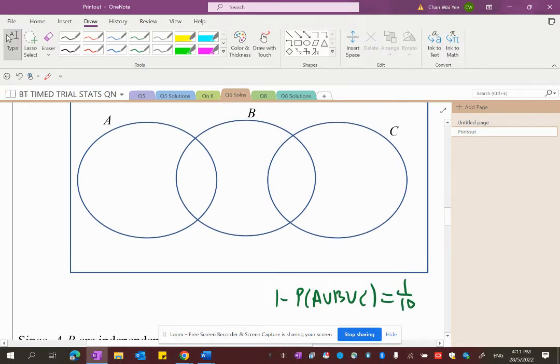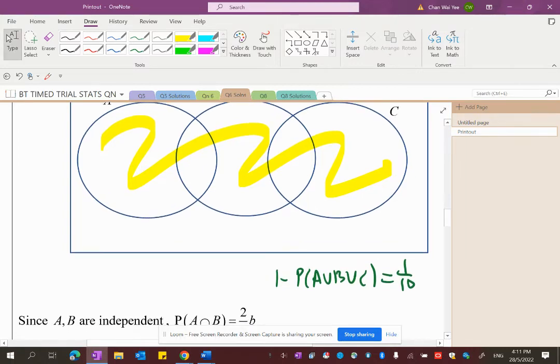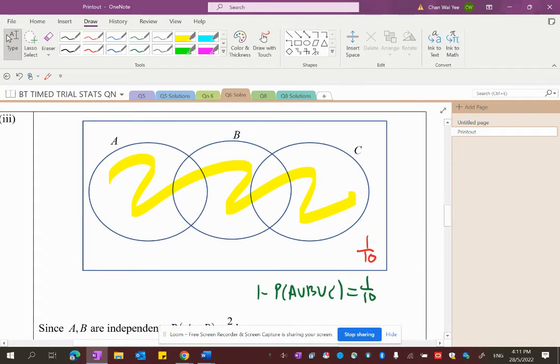So where is A union B union C? It is this portion here. Which means that I have some value outside A union B union C, but still inside the universal set. So this is 1/10.